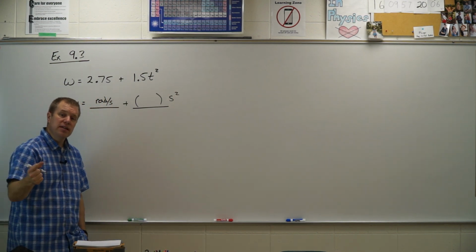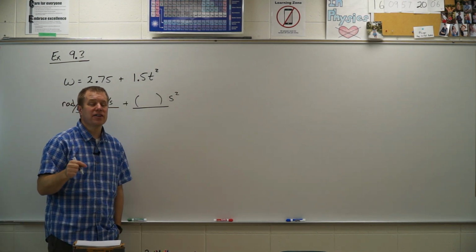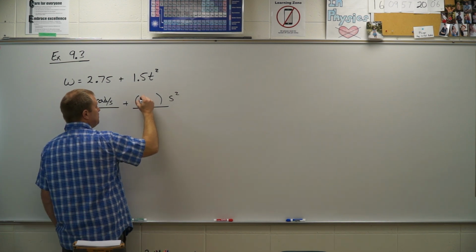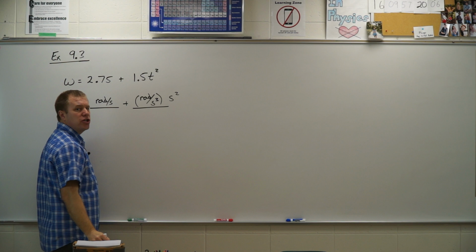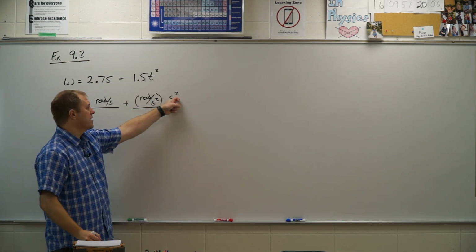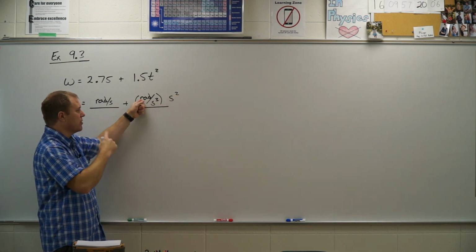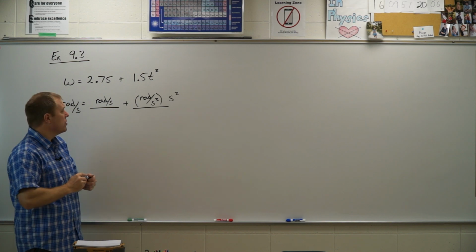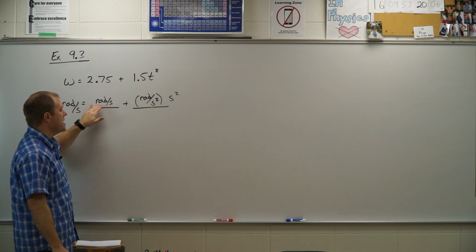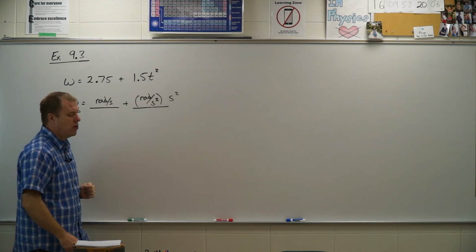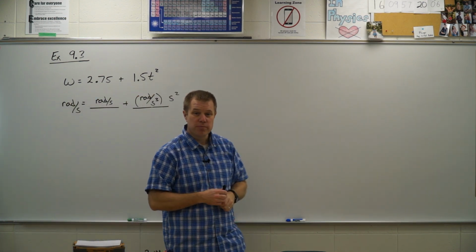So something times seconds squared is going to give me radians per second. So that means it's going to be radians per second cubed, so that my second squared cancels out a second squared, so I'm left with radians per second. So those are the coefficients on those two values, so 2.75 radians per second and 1.5 radians per second cubed.